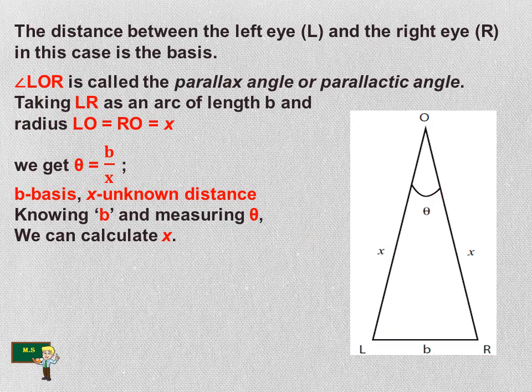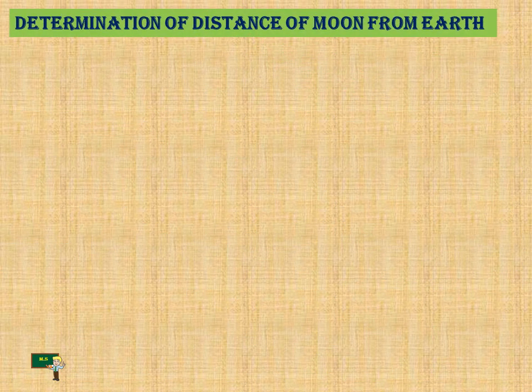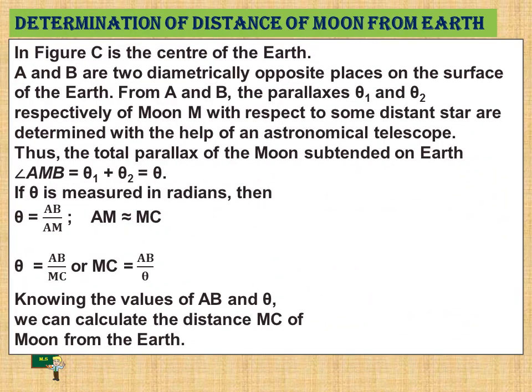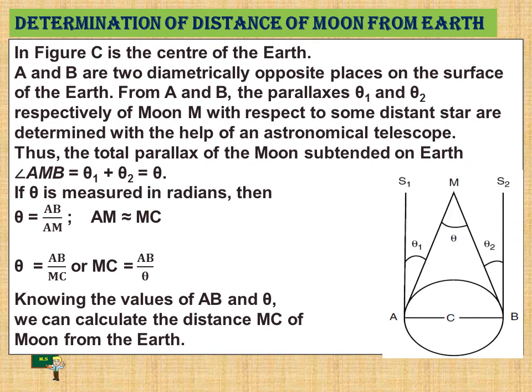Using this parallax method, we can measure even the distance from the earth to the moon. Determination of distance of moon from earth. This is another method. See, in the figure, C is the center of the earth.